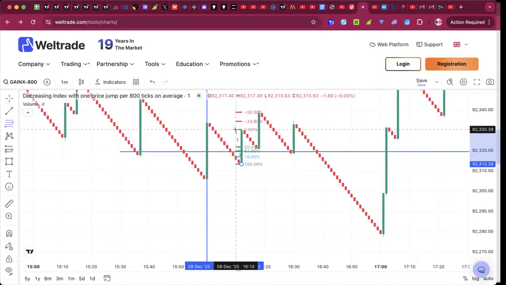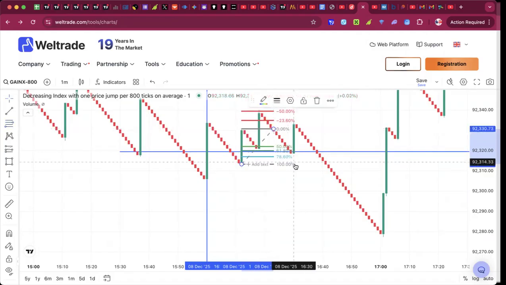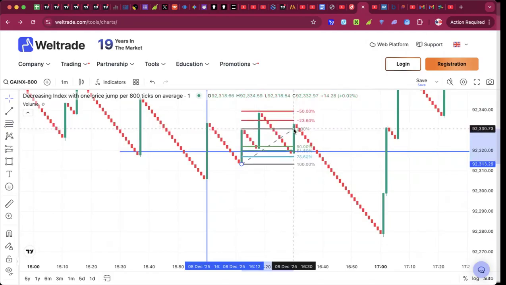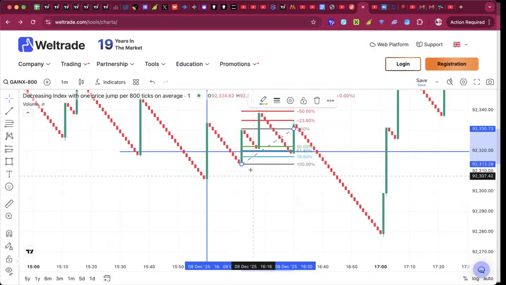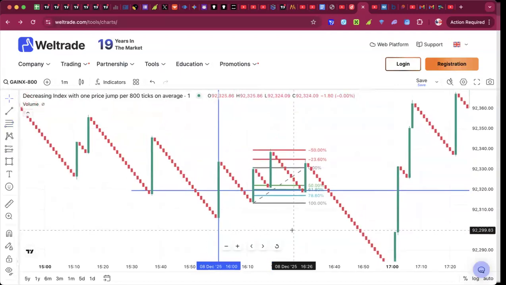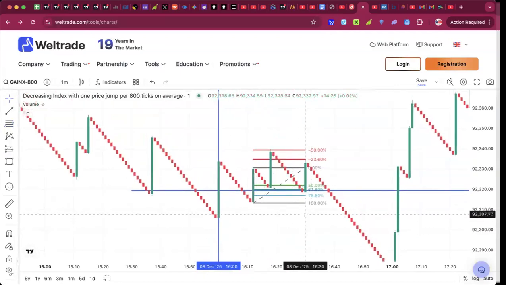So this is the candle, the first candle that spiked above. Since it closed above this, your target is that you are going to take an entry at the 50% fib level.